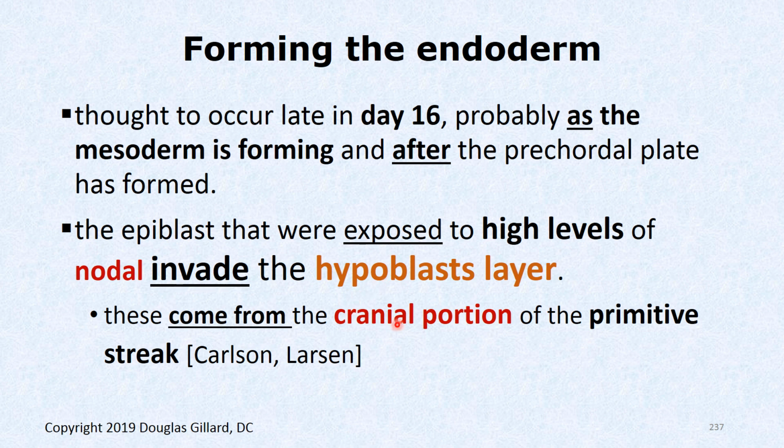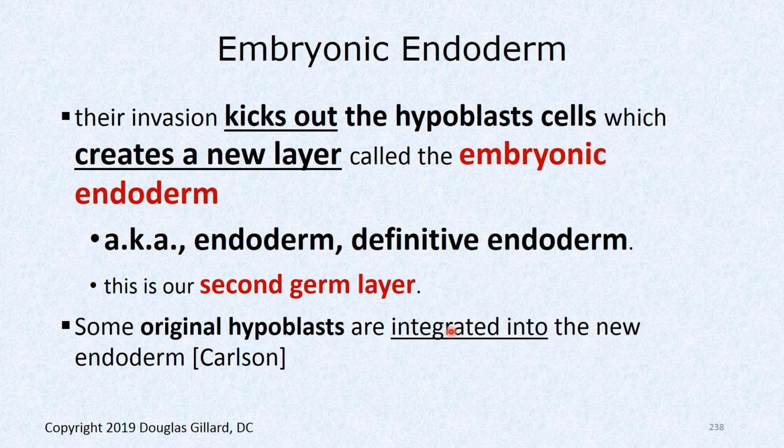Where this nodal is, they go through the cranial portion of the primitive streak. They don't go through the primitive node, but the cranial portion has a lot of nodal being secreted, so they pick it up from there. And it kicks out the hypoblast cells, it creates a new embryonic endoderm layer. This one has a strong AKA called the definitive endoderm. I've seen that around.